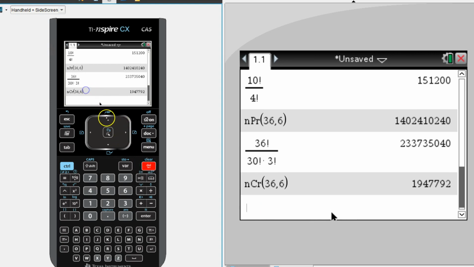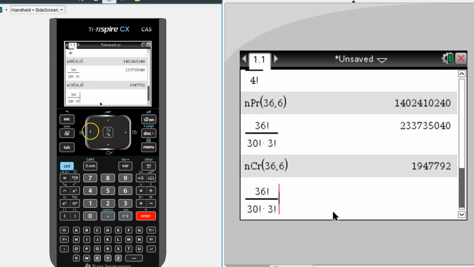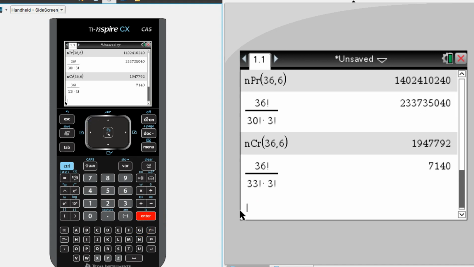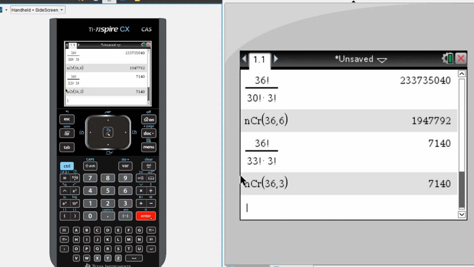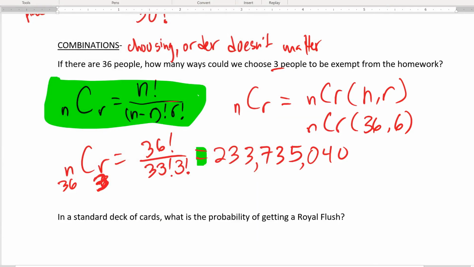Try this again. Change that 30 to a 33. And then, gee, I'll get this eventually. It would be 36 choose 3. Finally. Oh my goodness. So 7140.